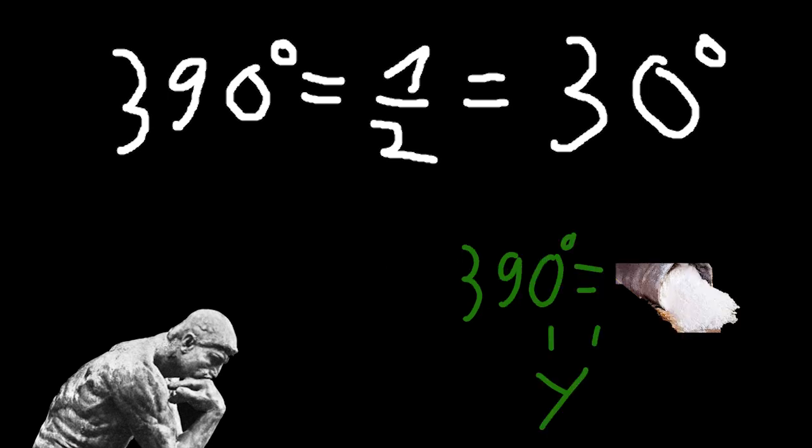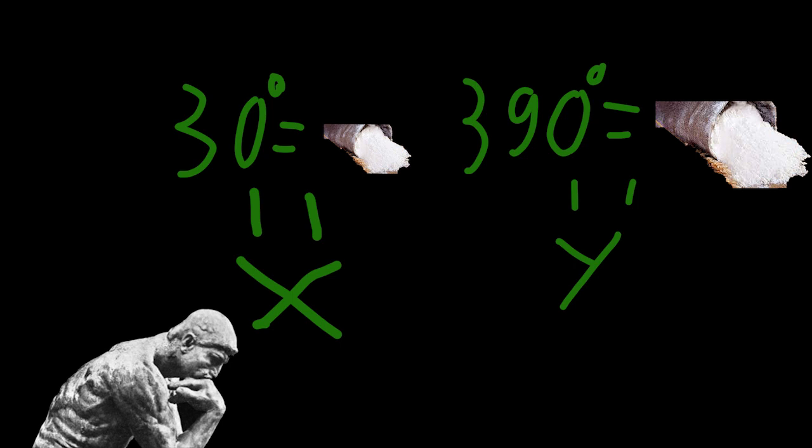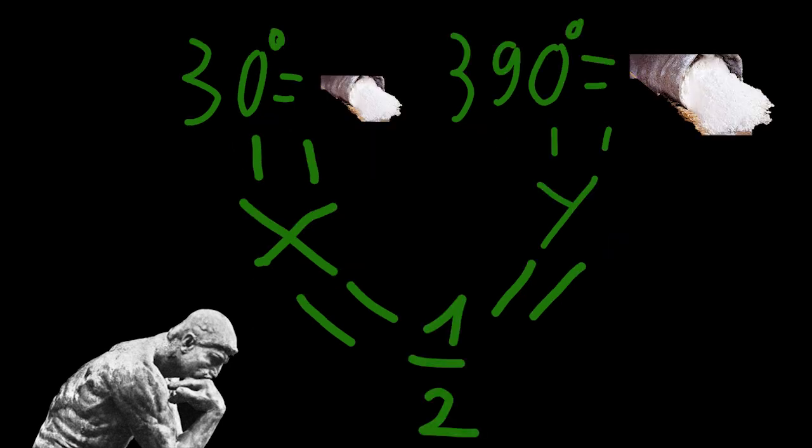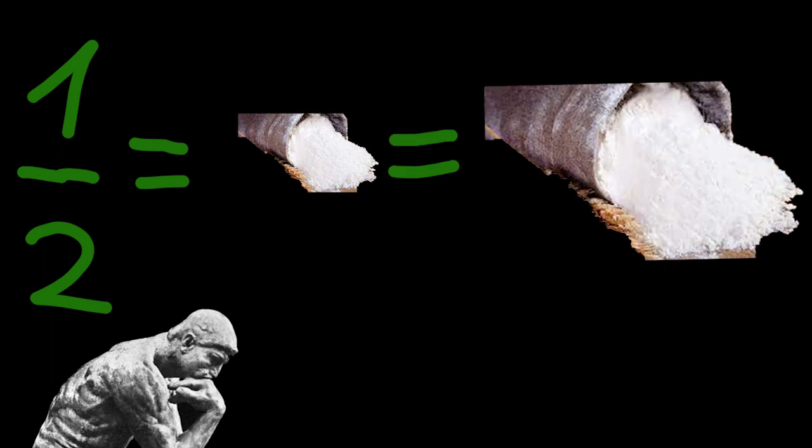So now what we have is, theoretically, x should be the same amount as y, and they both should have a sine value of 1/2. So this means that the sine value of 1/2 is both barely milled wheat and a little bit more milled wheat. So like, what is going on with the circle?